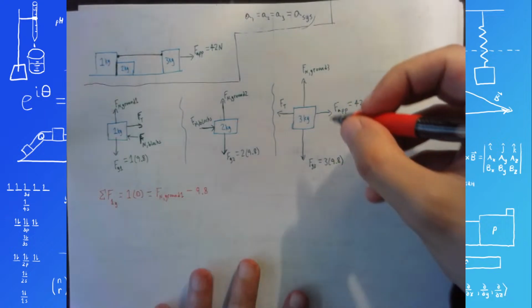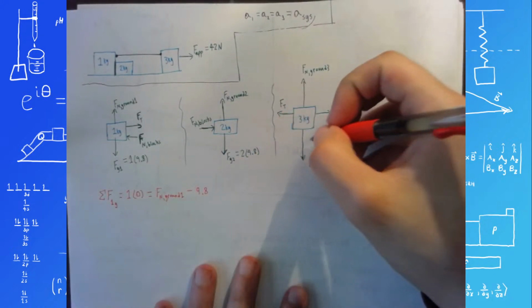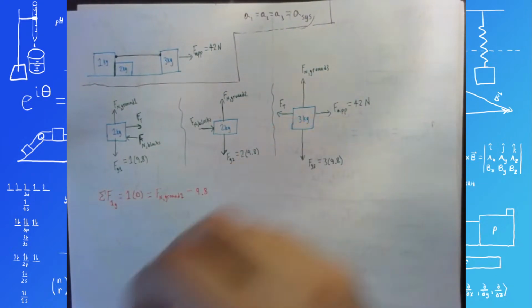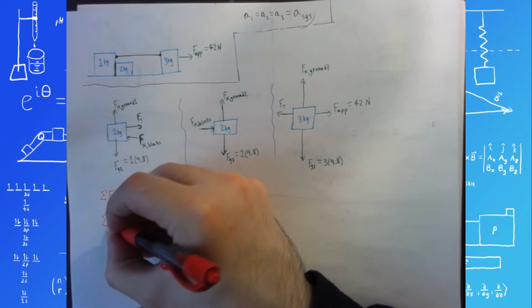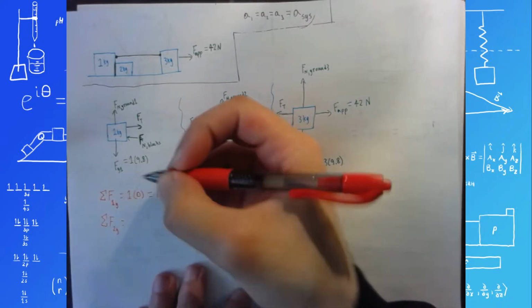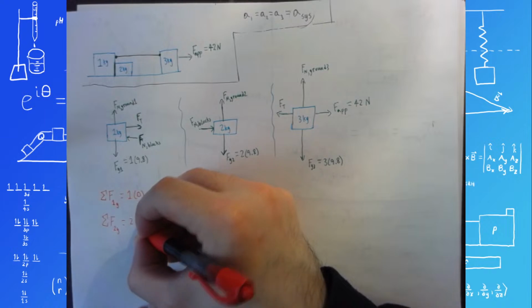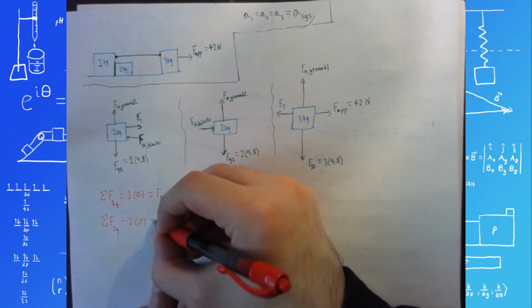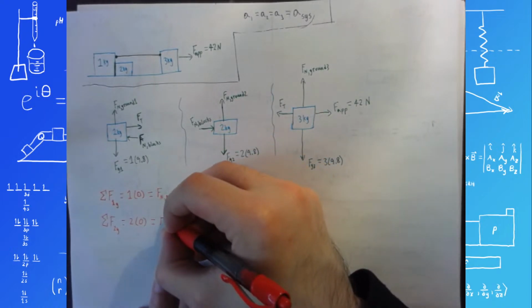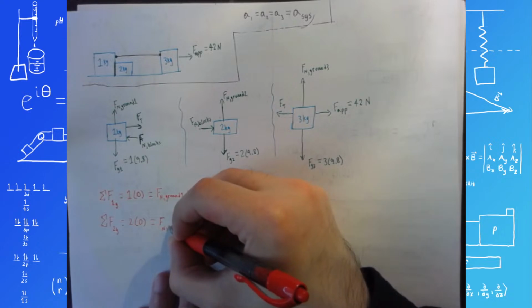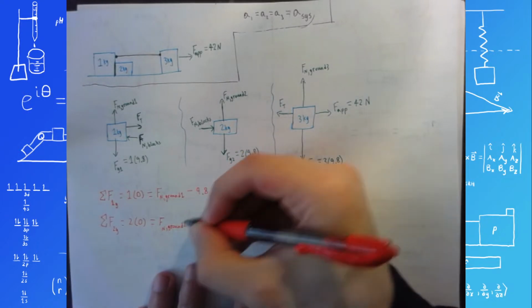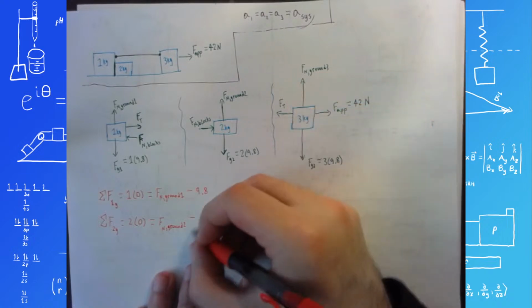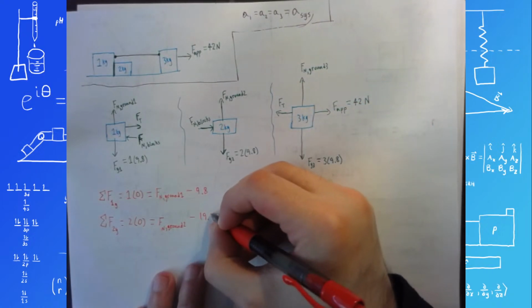And we can do similar for objects 2 and 3. So we can do net force of object 2 in the y direction. I'm just going to blitz through this. Is 2 kilograms times 0 acceleration in the vertical equals normal force ground 2 minus, in this case, 2 times 9.8 is 19.6.